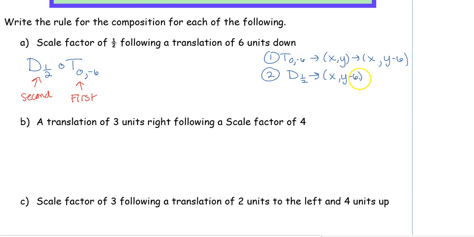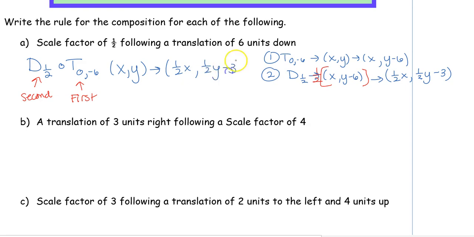What I have to do is I have to dilate this entire piece by 1/2. To show that, I have to multiply everything by 1/2. That's going to put me at 1/2 x, comma, 1/2 y. Half of 6 is 3. So after my translation, after my dilation, my notation is x, comma, y. That's where I started, and where I ended up was 1/2 x, 1/2 y minus 3.